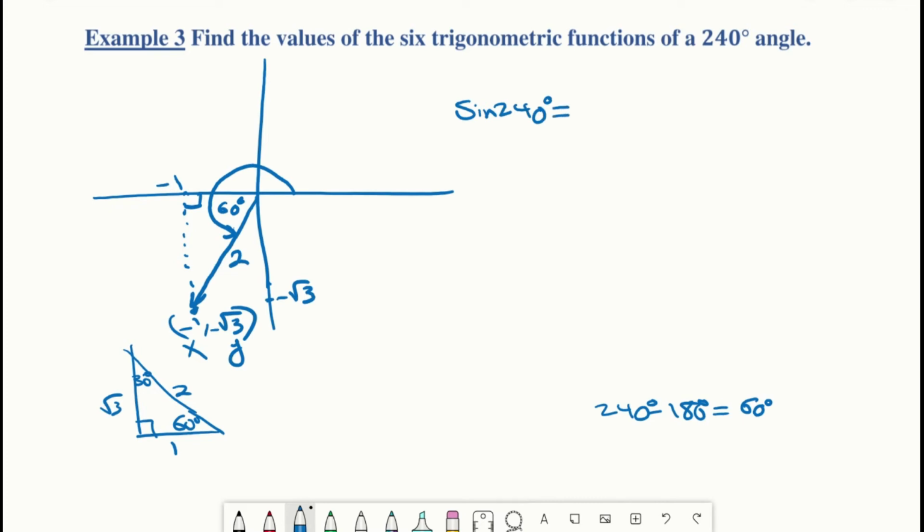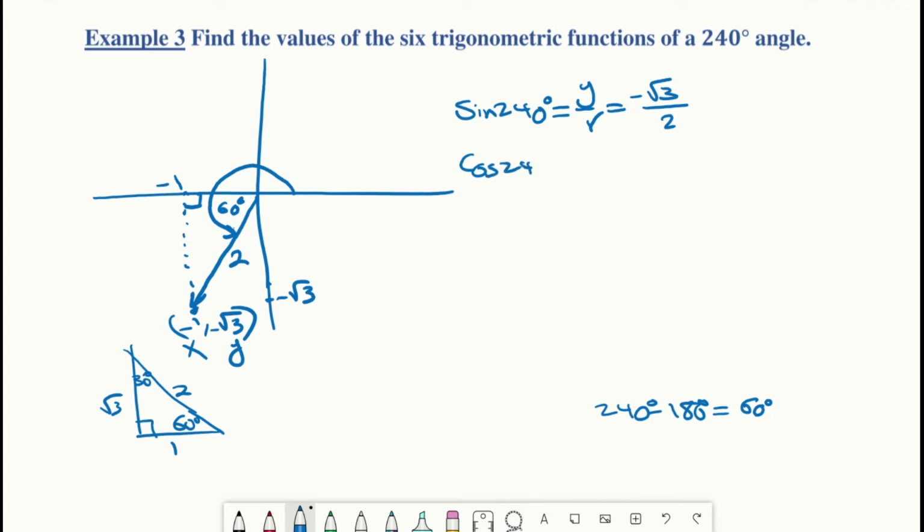I'm going to get y over r, so it's a more direct approach. You see, we don't have to find the trig functions of 60 and then find the trig functions of 240. This way we just do it directly as long as we adjust for the signs right away. So we get y over r, negative square root of 3 over 2.